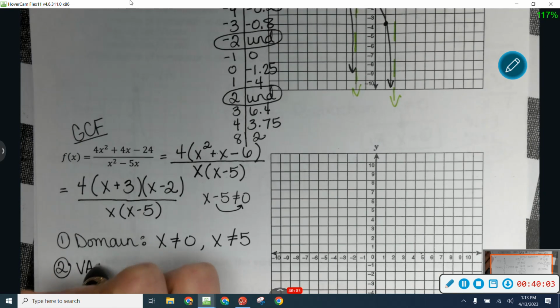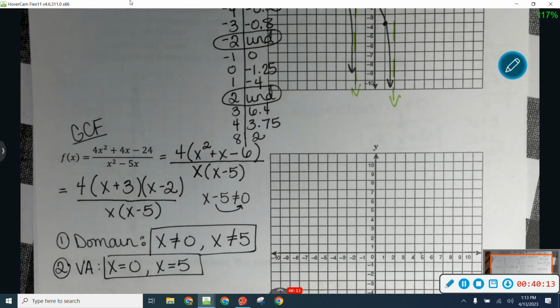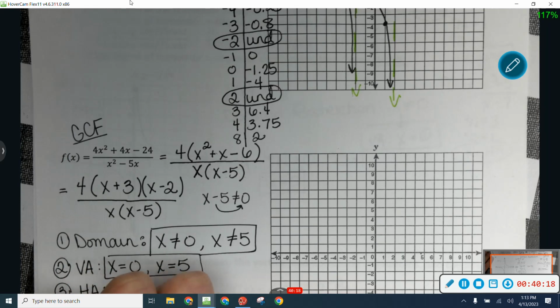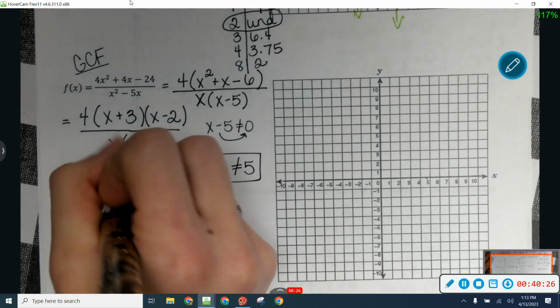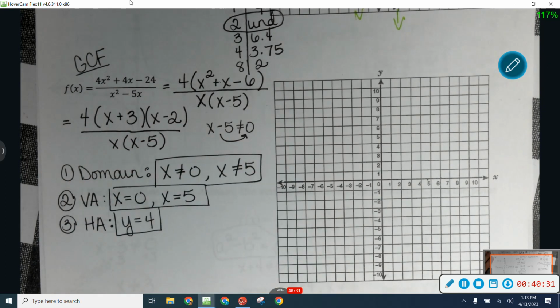So then my vertical asymptotes are going to be x equals 0 and x equals 5. My horizontal asymptote is going to be what? Y equals 4 because they're both x squared. So my leading coefficient is 4 over 1, which is just 4. We good with that?